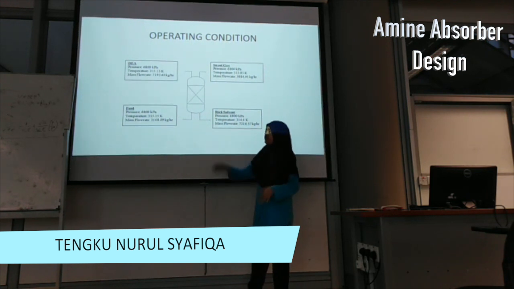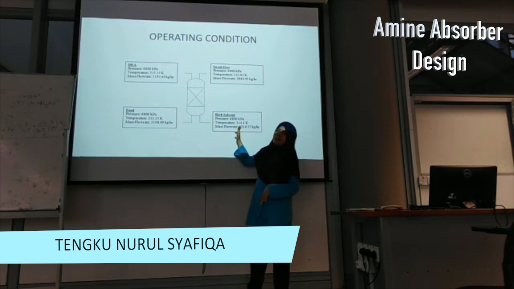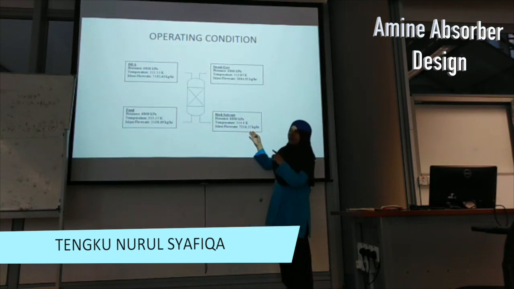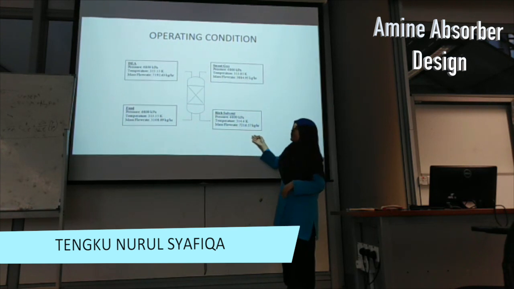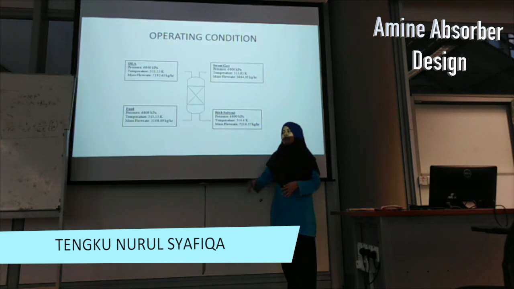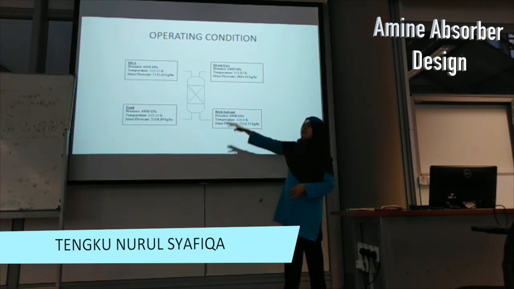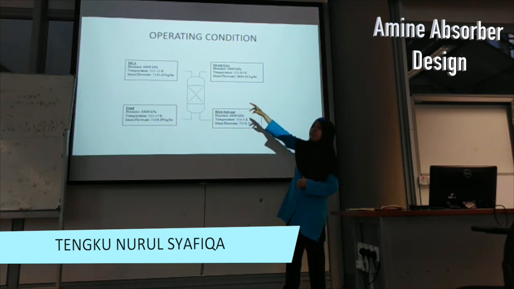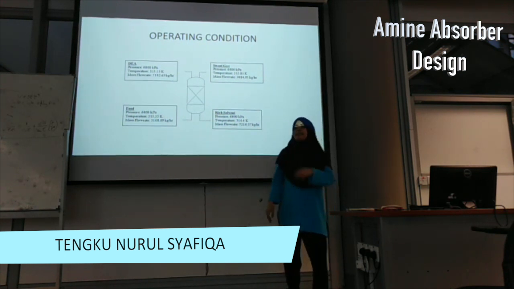This rich solvent contains amine and also H2S, and it will be sent to the amine recovery unit. After the amine recovery unit, it will be recycled back to the top of the column as solvent.